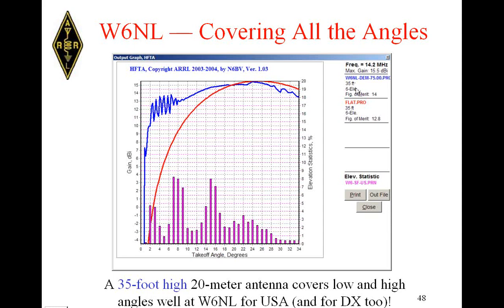This 6-element Yagi is considerably longer than it is high. And the blue response shows the curve that goes virtually flat from about 3 degrees all the way up to 34 degrees here. And this, by comparison, is a flatland 35-foot high 6-element Yagi.